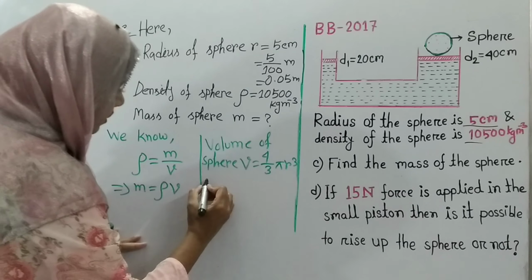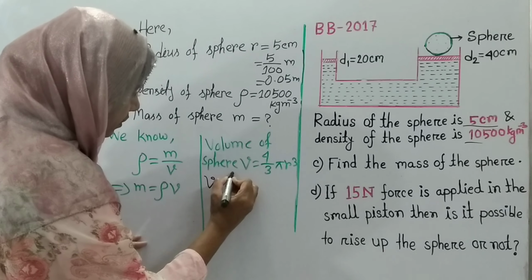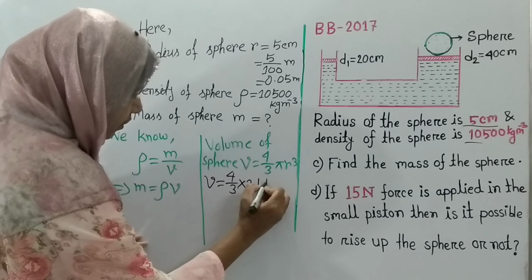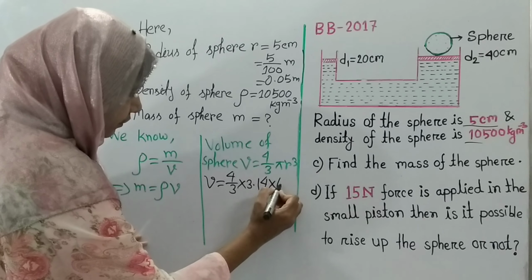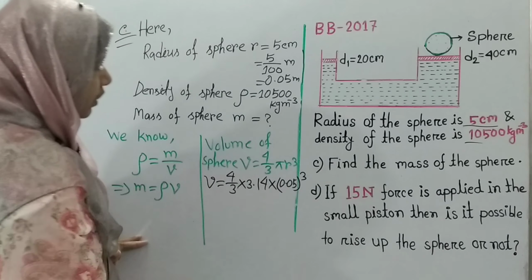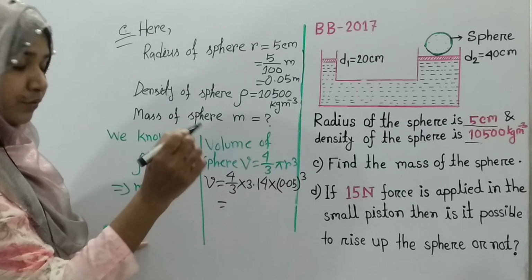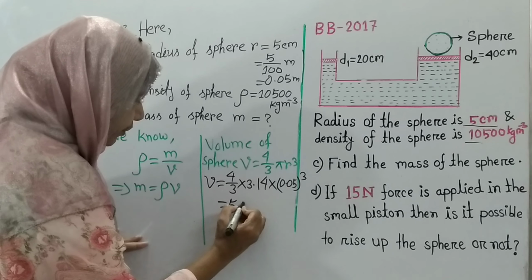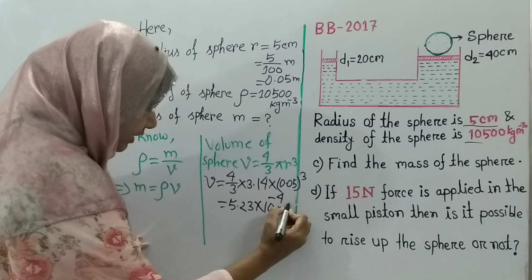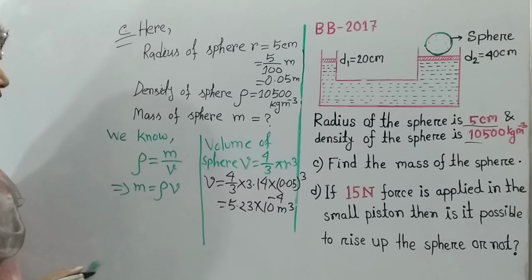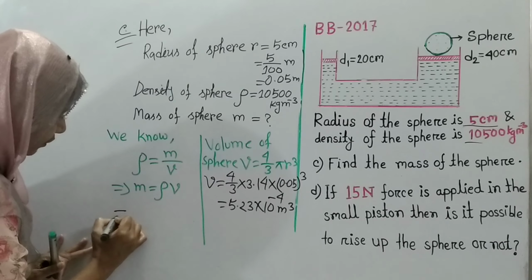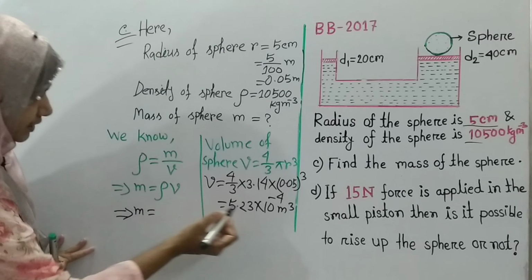Now v equals 4 by 3 into the value of pi, 3.14, into the value of r, 0.05, whole cube. So after calculating it, you will get the answer 5.23 into 10 to the power minus 4 meter cube. Now we know the volume of the sphere and the density as well. So we can calculate the mass of that sphere very easily.